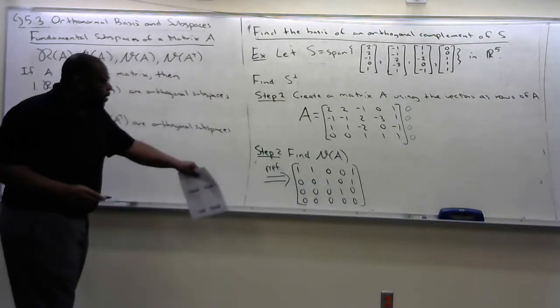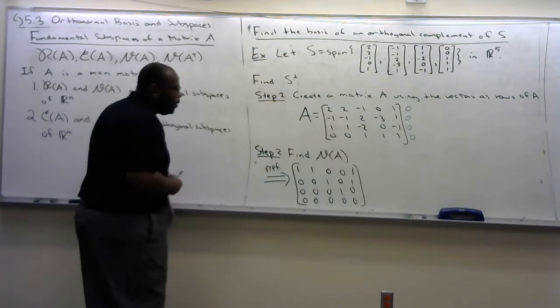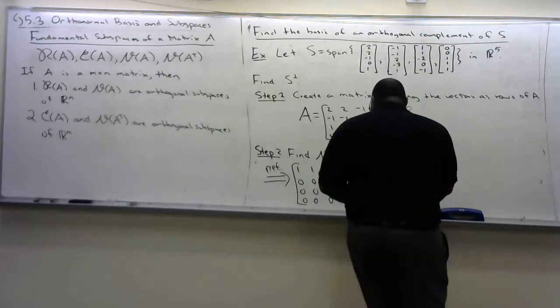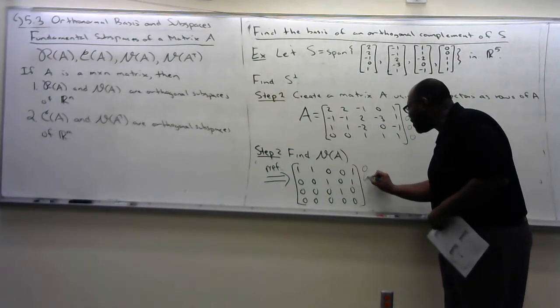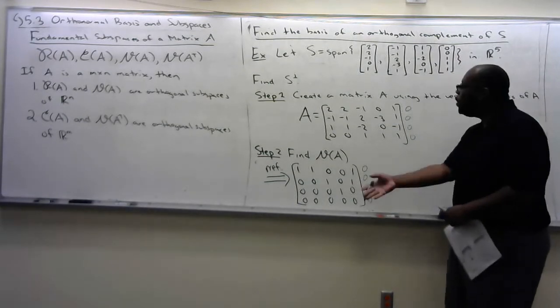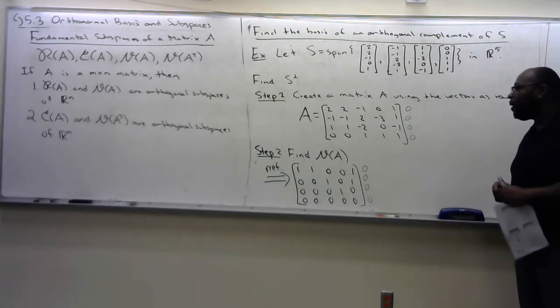I still need to solve for the null space. Remember I'm solving AX equals 0, so there's another column of zeros. You can either tack it on or leave it out; it doesn't really matter.